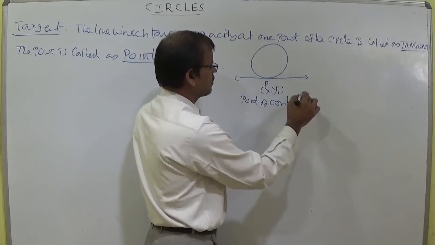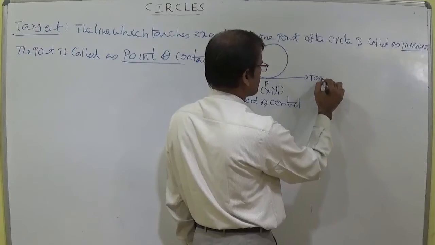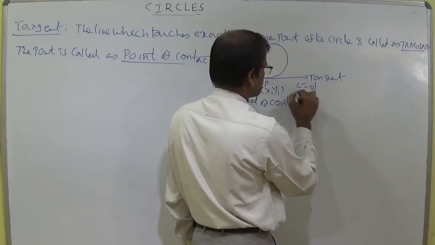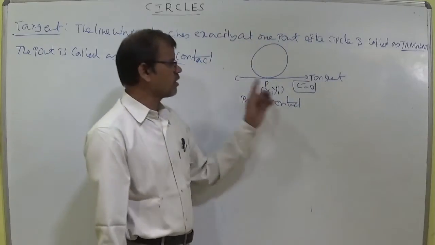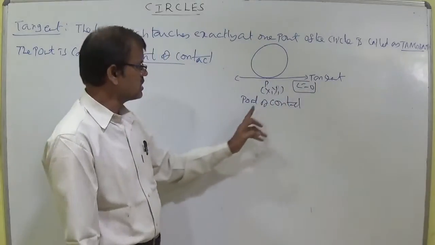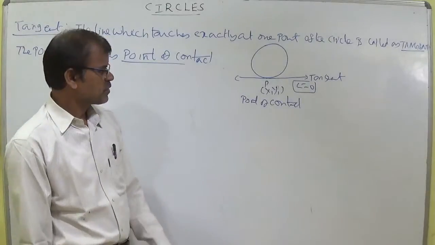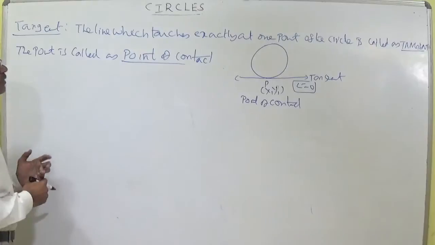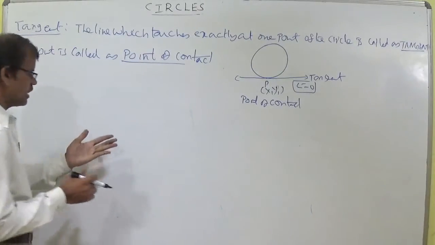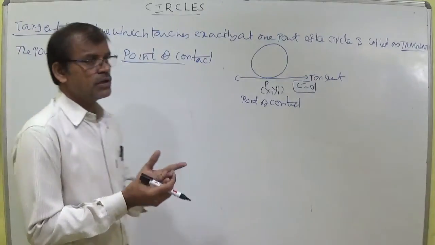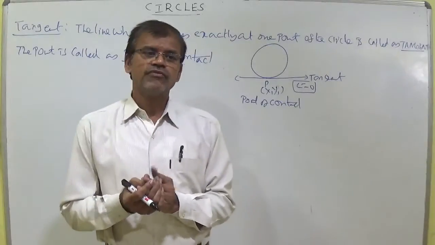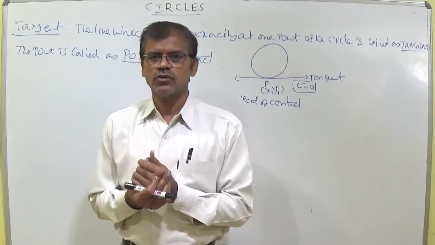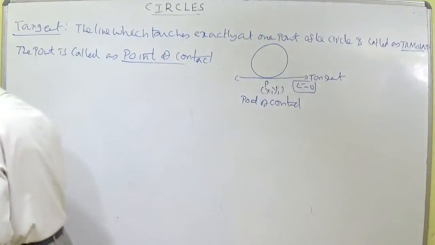Wherever the line touches exactly at one point, that line is called a tangent, and P (x1, y1) is called the point of contact. Now tangent is completed. Let us discuss the length of a tangent. Before that, we can discuss the secant rule.